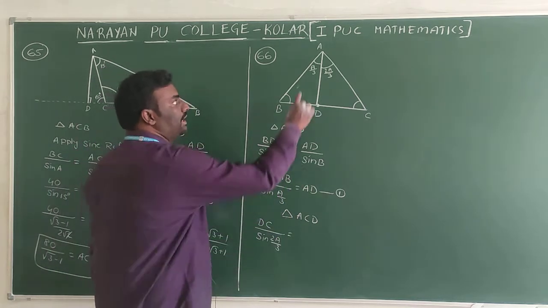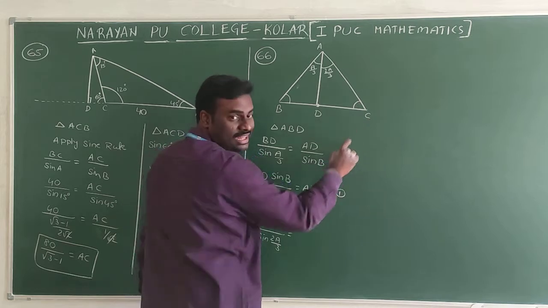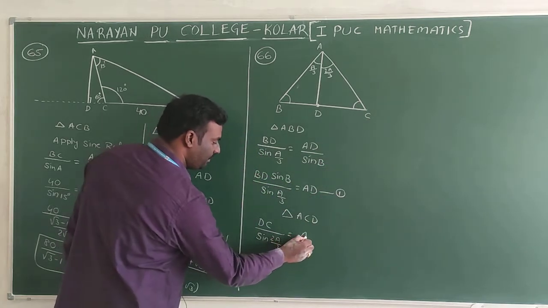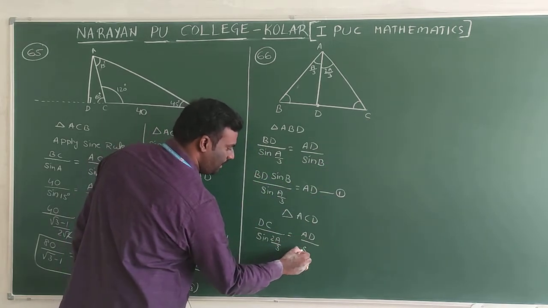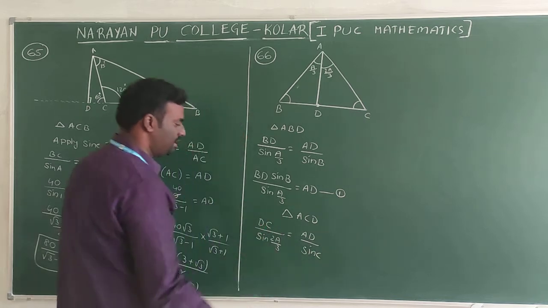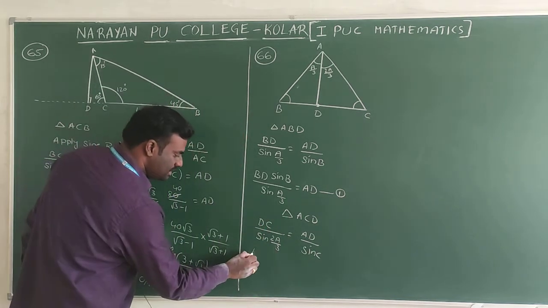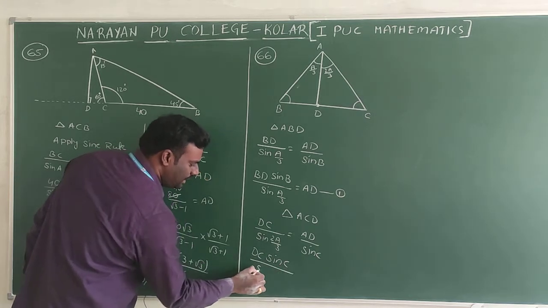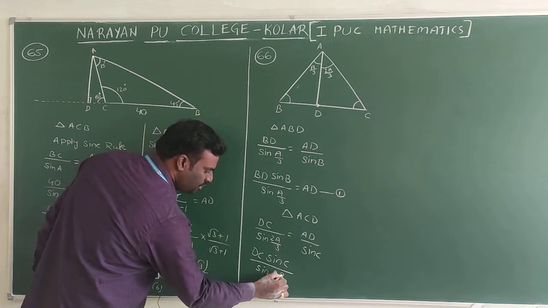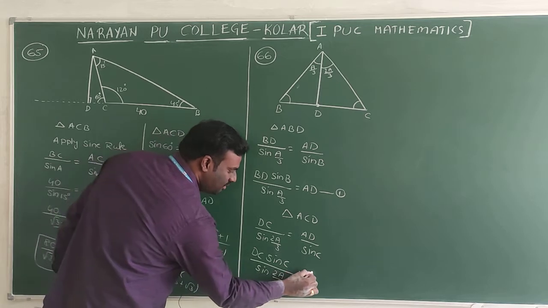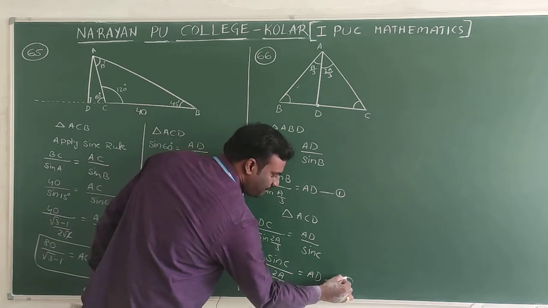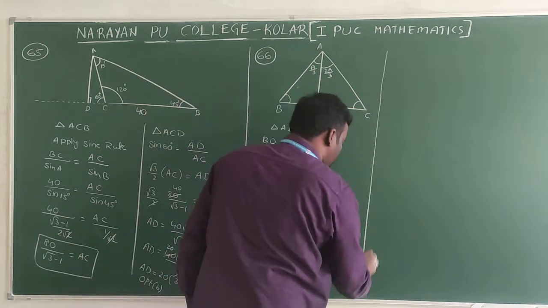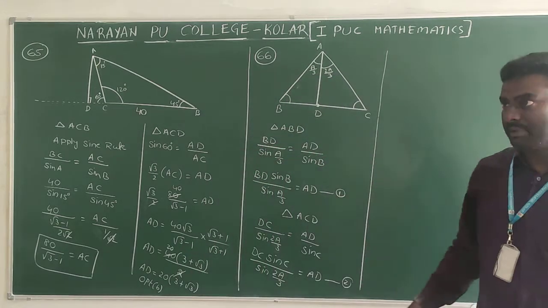If you take AD, the opposite angle is C, then AD by sin C. Cross multiply. Now DC into sin C by sin 2A by 3 is equal to AD. So equation 1 represents AD, equation 2 represents AD.